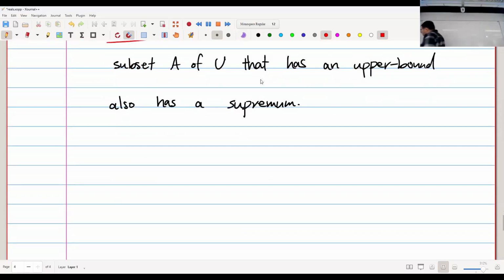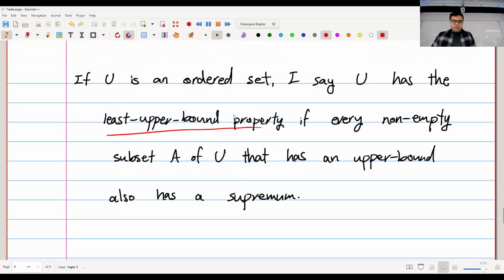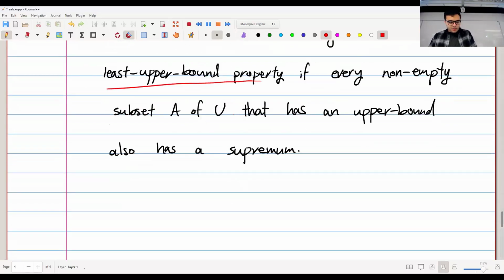Now consider the set of natural numbers with the normal definition of order that we have on them. Does that set satisfy this requirement? Does N have the supremum property?